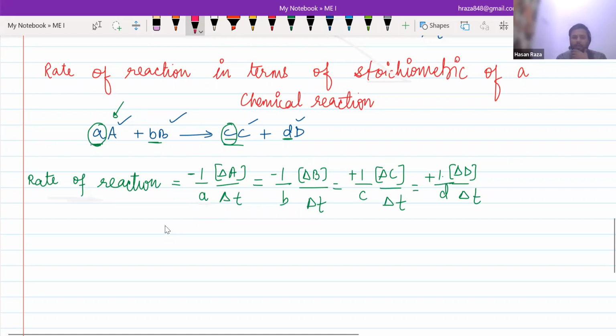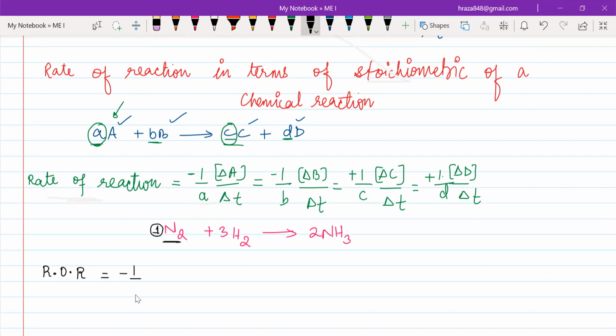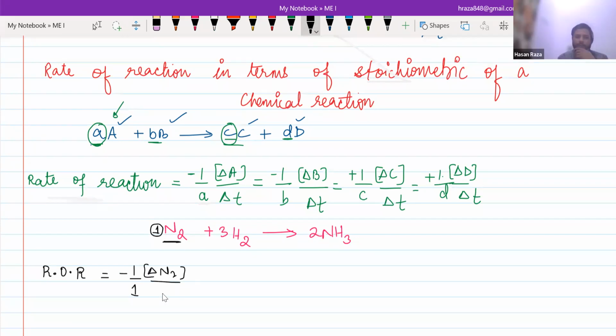As you can see, I'm going to take another example. N2 plus 3H2, that will give you 2NH3. Now, if you are going to write the rate of reaction, ROR, that will be equal to, first of all, I'm going to write a negative for this, and then what is the stoichiometric coefficient? 1 it is, so 1 by 1, and then delta N2 upon delta t.